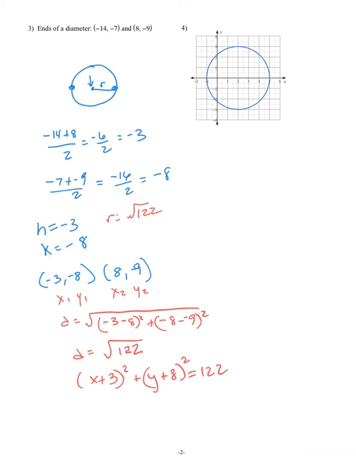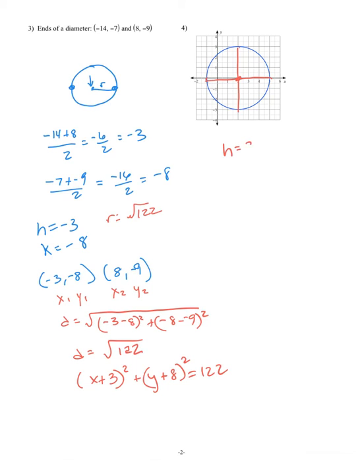The last one is pretty easy because we can just count blocks. If you draw a line between here and here, let me do that better. The center is going to be right there. So the center is going to be 2, 0.